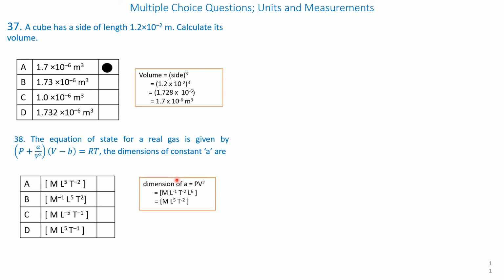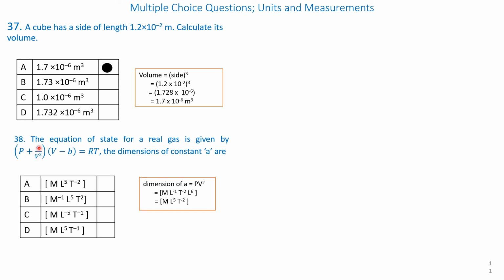So for the first term on the left hand side, P plus A by V square, the dimensions of P should be equal to A by V square.